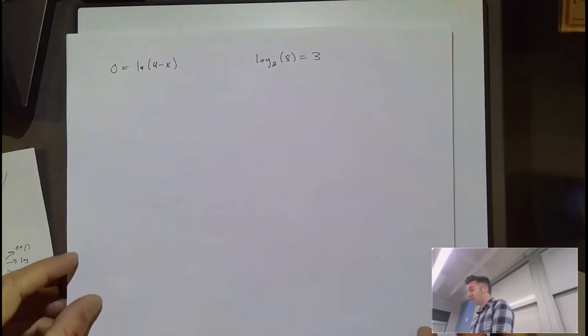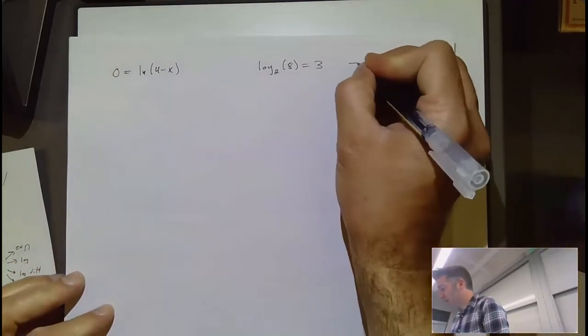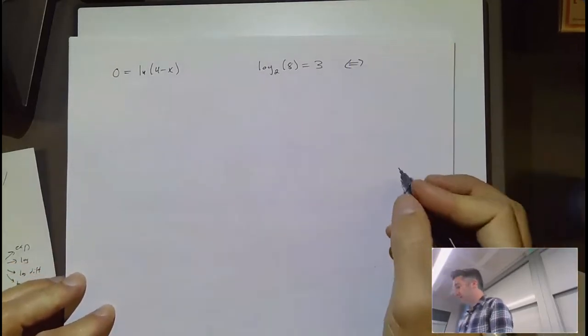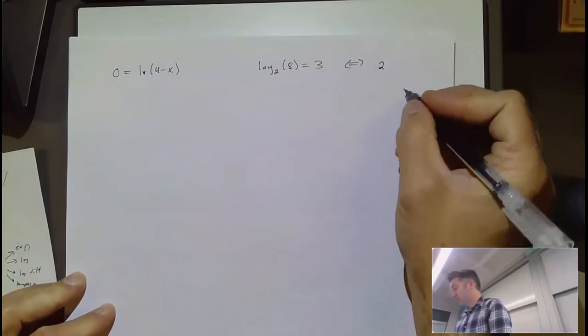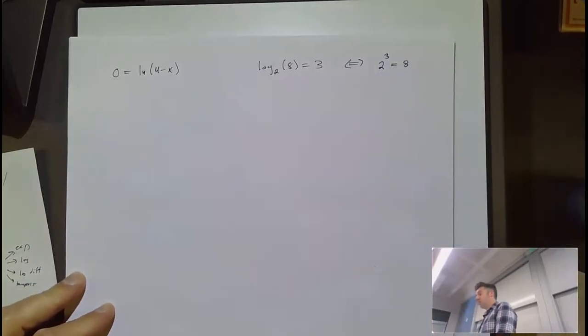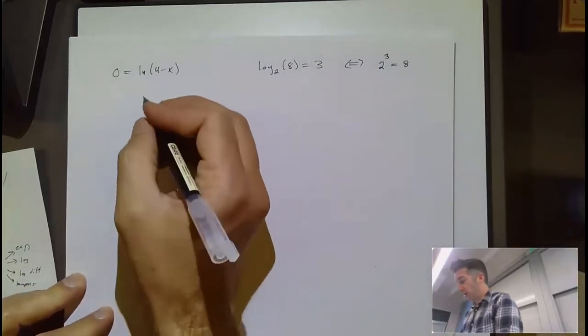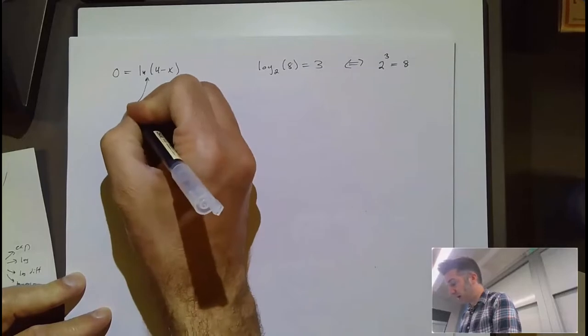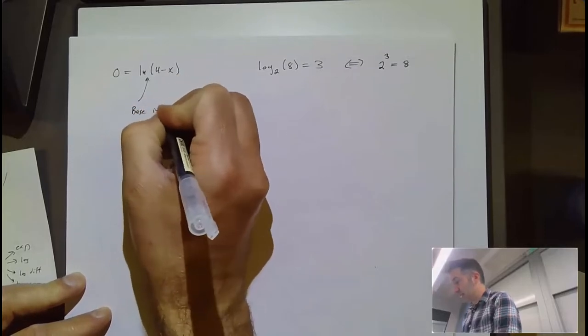So this is a reminder of the fact that I can rewrite this as the base to the exponent equals the argument. Well, that's all I'm doing here. My base here that I didn't write is e.